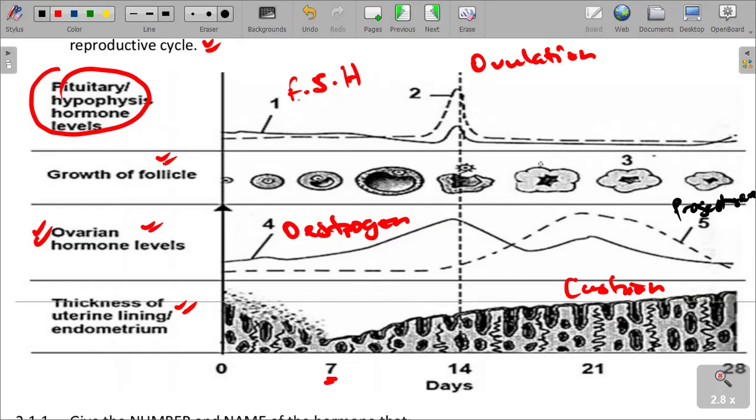But what we are seeing is a decrease in size. The corpus luteum is becoming smaller here. So those are the reasons that we can see there.